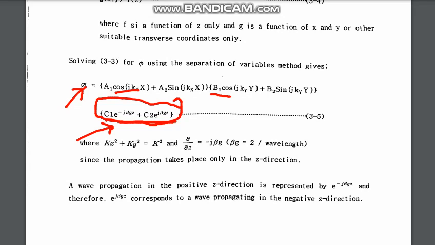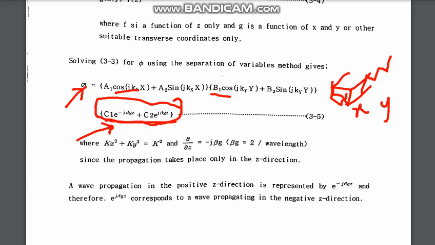In the x and y directions, if it is a rectangular waveguide, x represents the length and y represents the breadth of that rectangular hollow shape, and z is the path that the wave goes through in the rectangular waveguide.